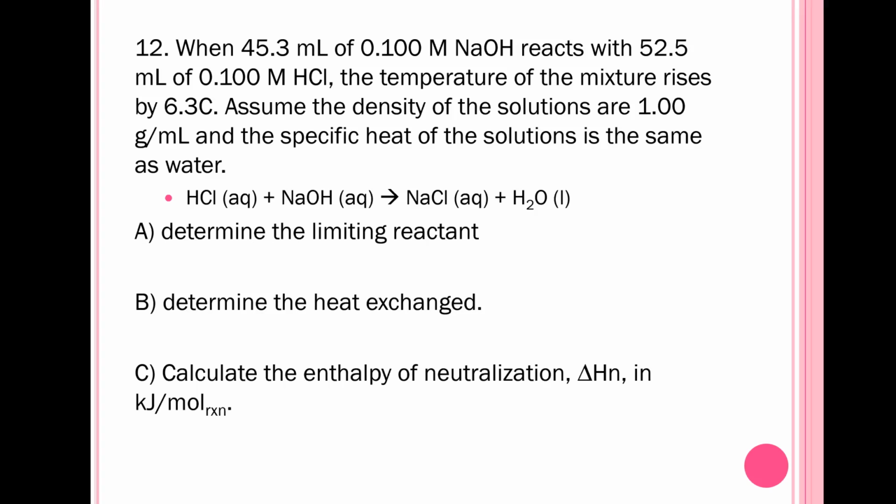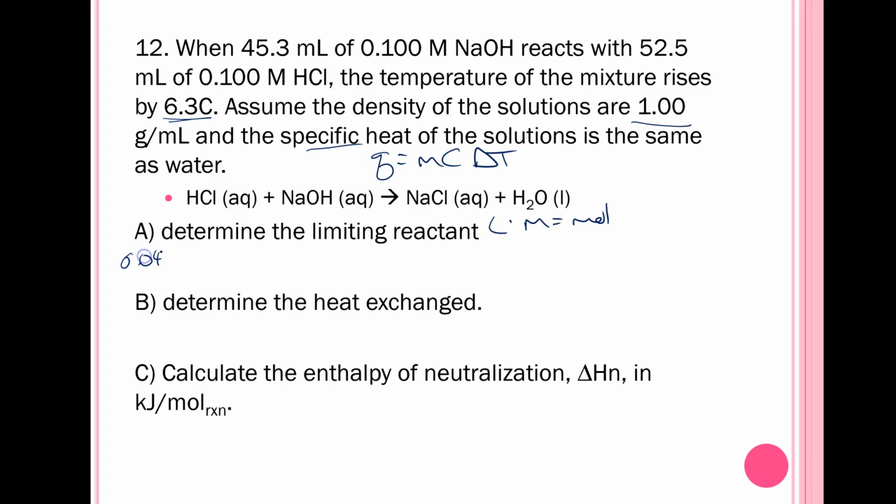I have an acid-base reaction. The temperature rises by 6.3 degrees. So again, Q equals MC delta T. Okay, assume the density of the solutions is 1 and the specific heat is the same as water. So limiting reactant, liters times molarity gives me moles.